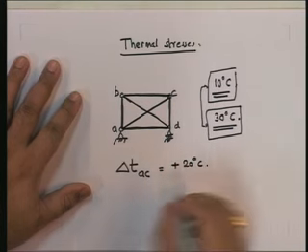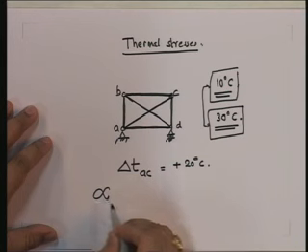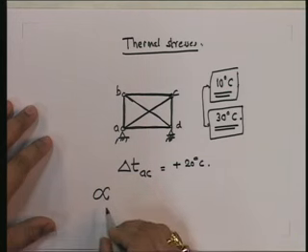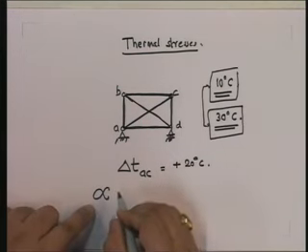What happens in this case? Think of what happens when a member is subjected to an increased temperature. The member elongates, right? How much does it elongate by? Well, that is given by the coefficient of thermal expansion. What is the coefficient of thermal expansion? Coefficient of thermal expansion is alpha.